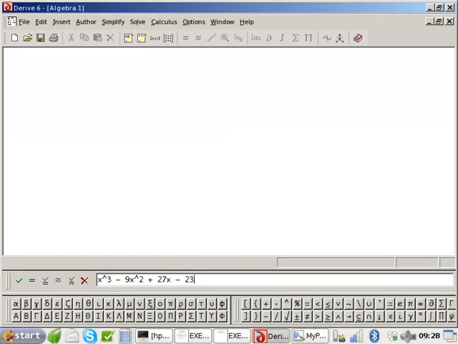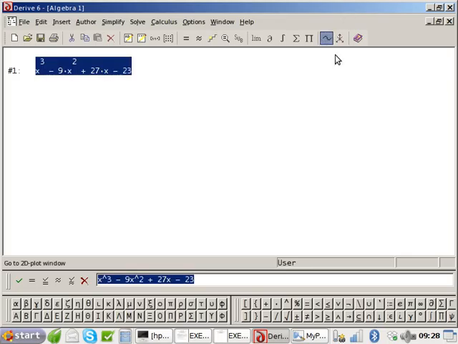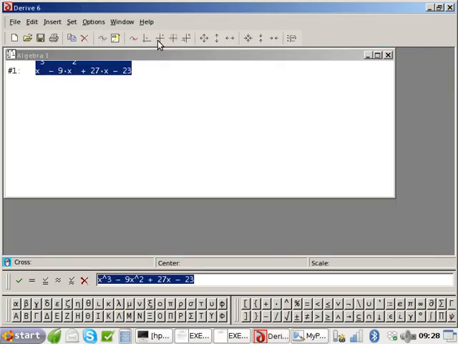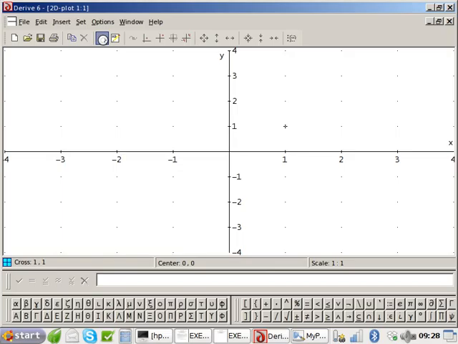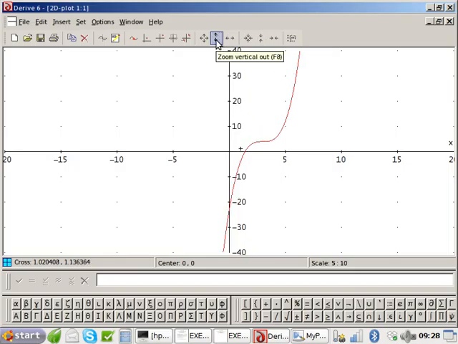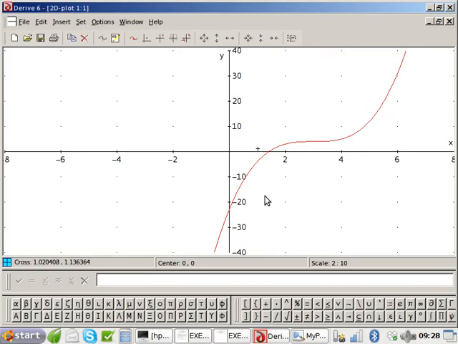Okay, so let's have a look at that graph. We zoom out. Yeah, so it's the same as what we drew.